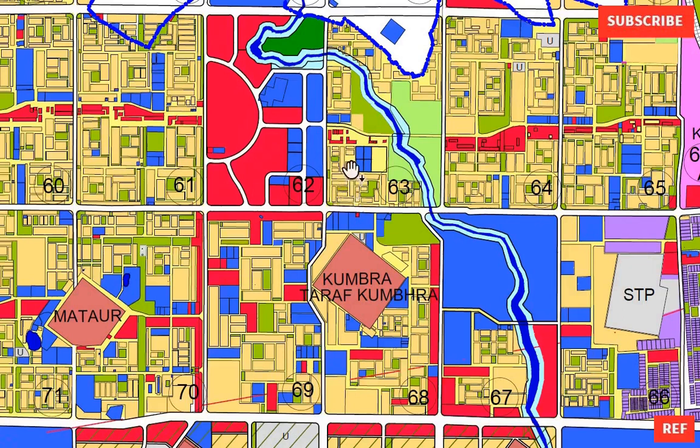Another R&D institution we have is Center of Innovative and Applied Bioprocessing, CIAB, which focuses on utilization of agri-waste, increasing farmers' income and providing new employment opportunities to the rural masses.